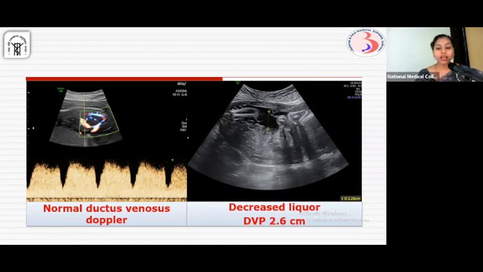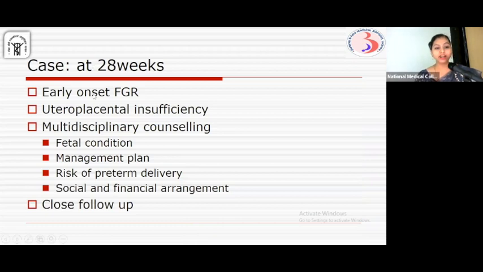The patient at 28 weeks was diagnosed to have early onset FGR with most likely cause being uteroplacental insufficiency. The patient was again counseled, along with the multidisciplinary team, regarding fetal condition, management plan, risk of preterm delivery, and social and financial arrangement for the same, and asked for close follow-up.